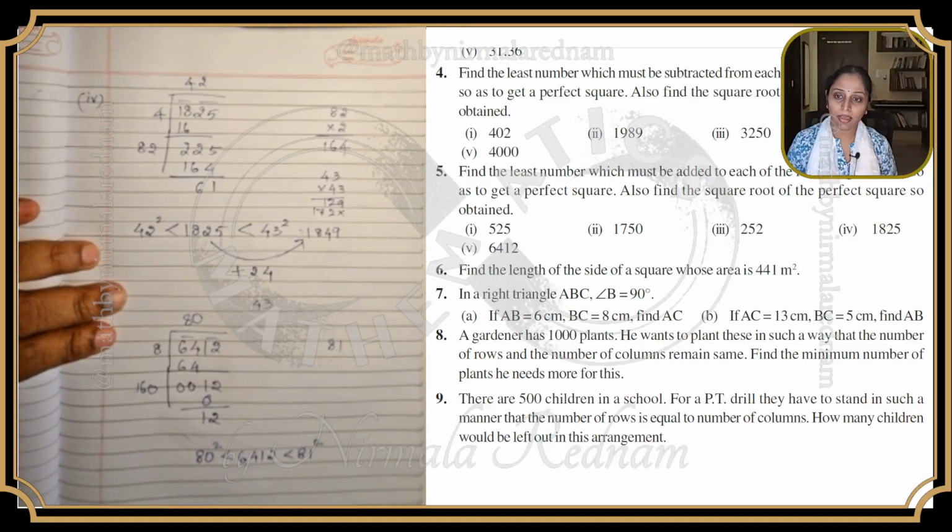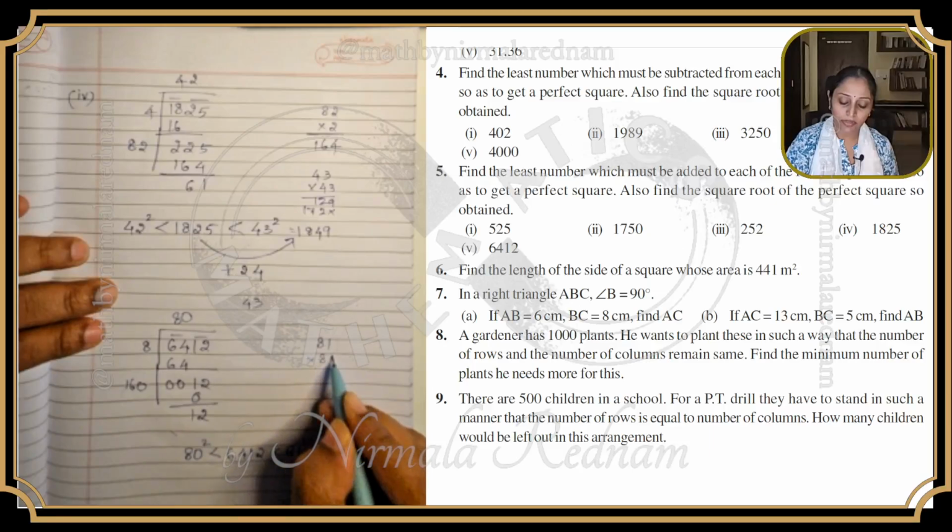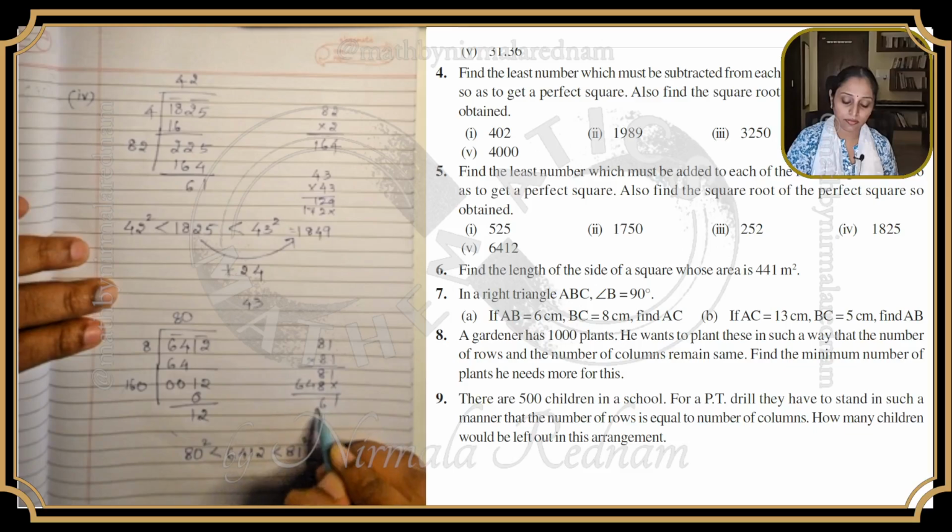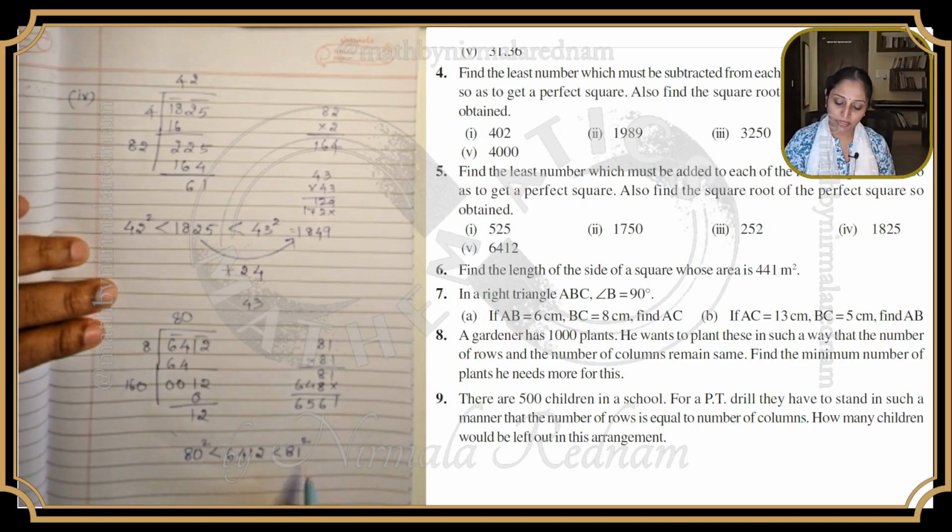Okay. I have 81 into 81 is 6561. Right. So what should be added? I'll be adding 149 to the given number to make it a perfect square.